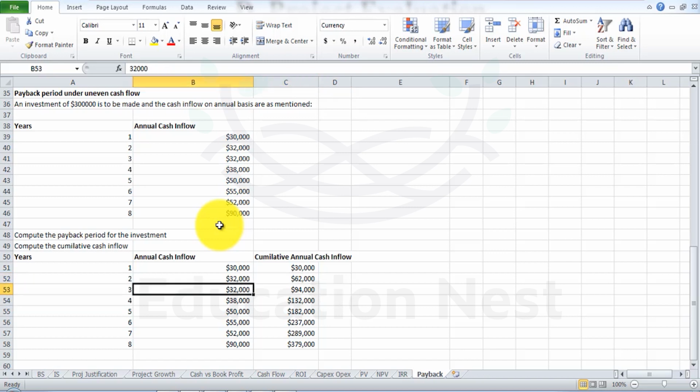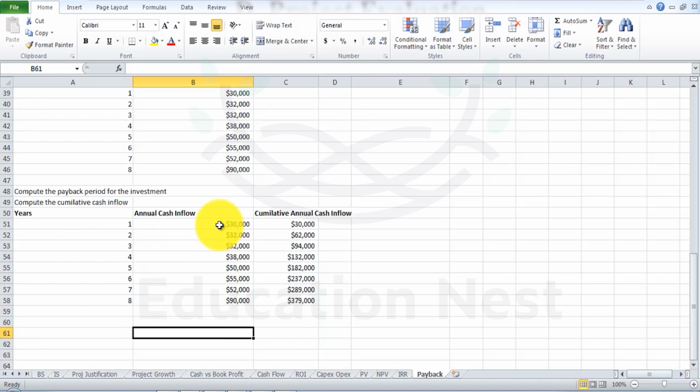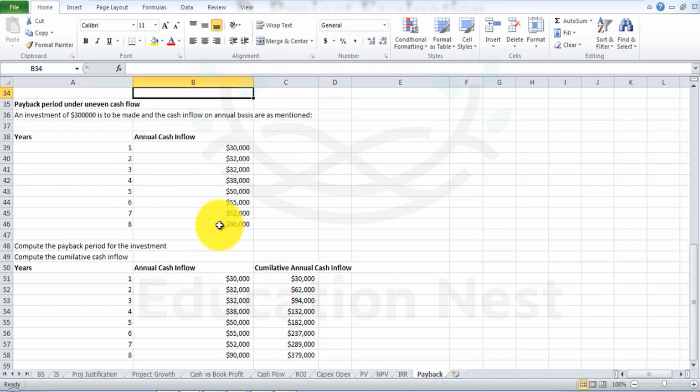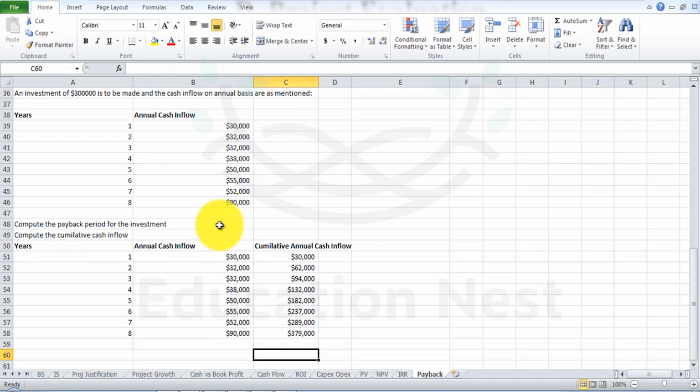Now we're going to see what the initial investment, or the outflow, was: $300,000. And the $300,000 is not covered when you have $289,000 over here. So it's obvious that the payback period is more than 7 years. And to be precise, what is the payback period? You need $11,000 more in the 8th year out of its receipt of $90,000.